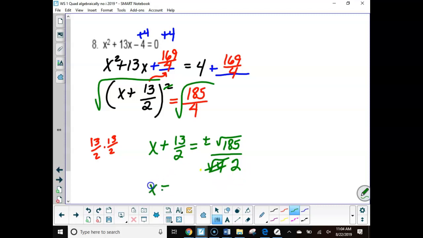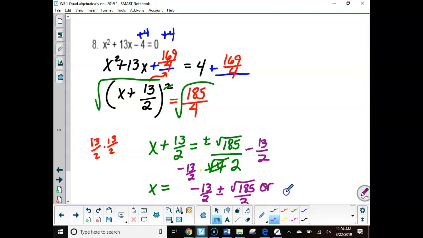So to get x all by itself, though, what are we doing with this 13 halves? We just had this problem. Yeah, we're subtracting it over there. So it's going to be a minus 13 halves, minus 13 halves. I'm just going to write negative 13 halves plus or minus the square root of 185 over 2.